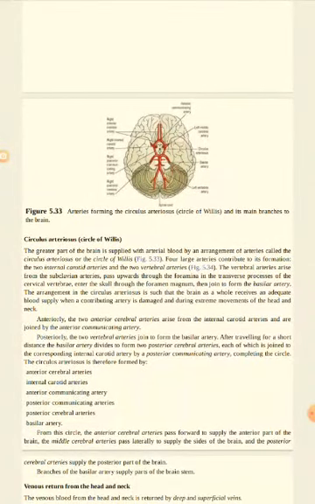Anteriorly, the two anterior cerebral arteries, which arise from the internal carotid arteries, are joined together by the anterior communicating artery. Posteriorly, two vertebral arteries join together to form the basilar artery. After traveling a short distance, the basilar artery divides into the posterior cerebral arteries, completing the circle.